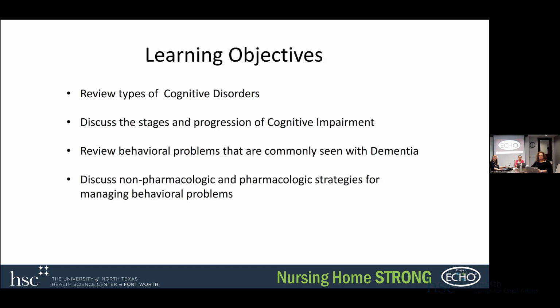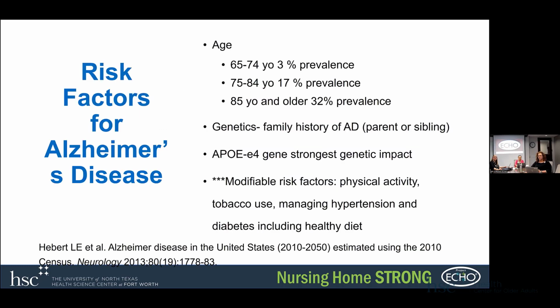So we'll get started here. I'm going to talk about first the risk factors for dementia, which some are modifiable risk factors and some are not. Of course, when we think about some of the not modifiable risk factors, the most common ones are age, genetics.